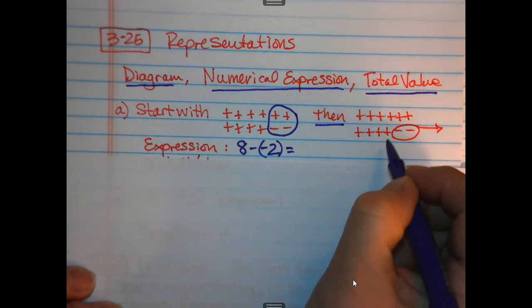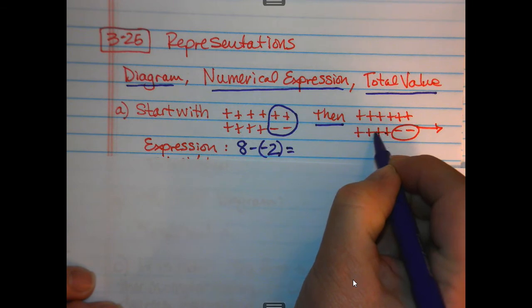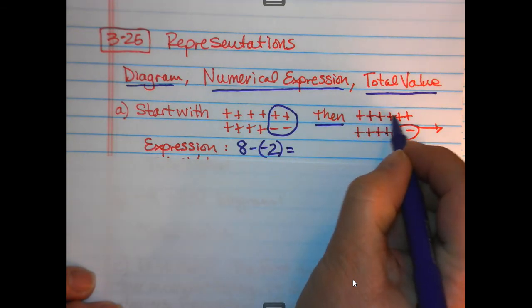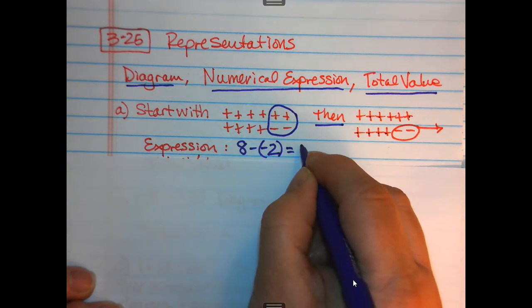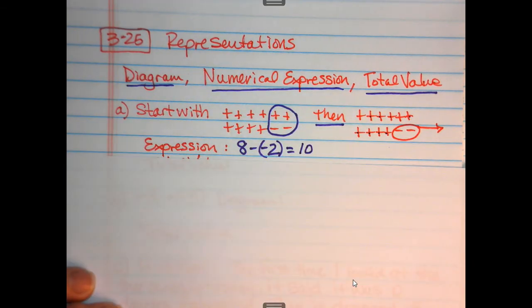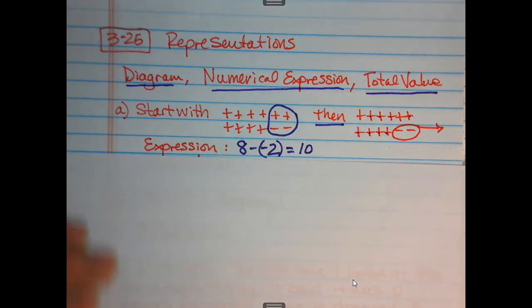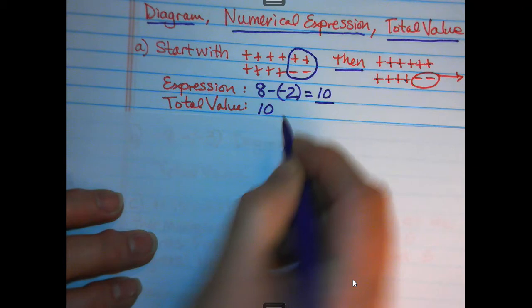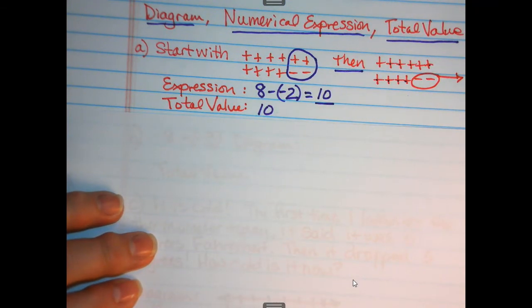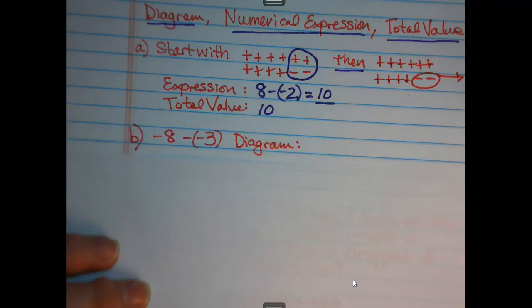And when I go over here and count, I've got 1, 2, 3, 4, 5, 6, 7, 8, 9, 10. So 8 subtract negative 2 gives me 10. My total value I've already given because it's right here. So my total value of this representation of this problem is 10.